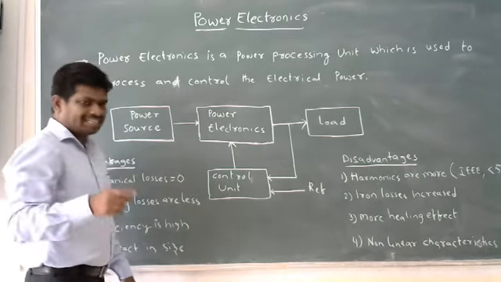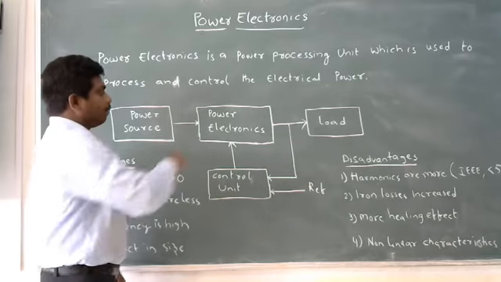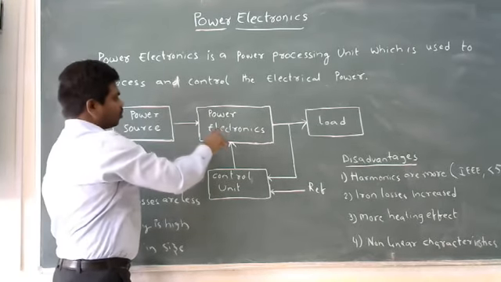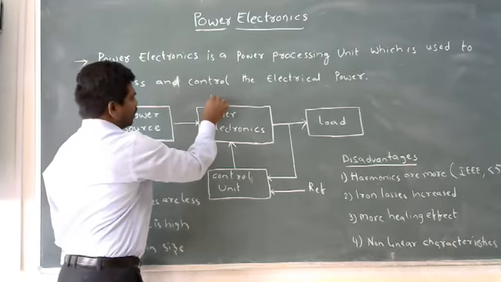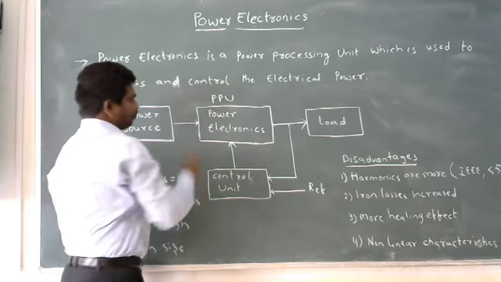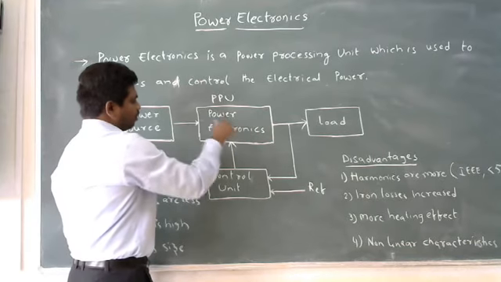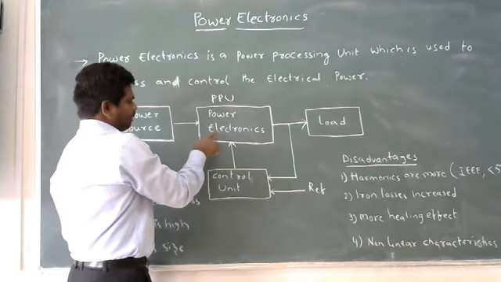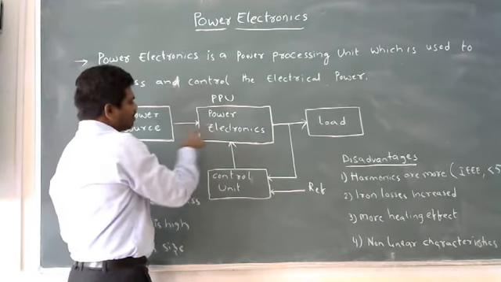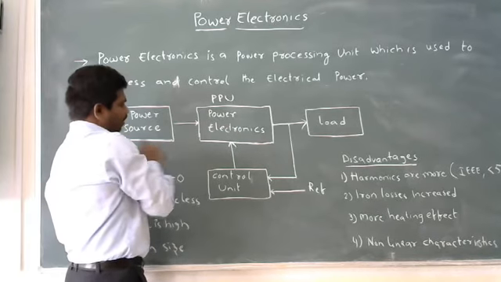As given in the definition, power electronics is a power processing unit. Here we use the power processing unit, PPU for short. This power processing unit processes the power.